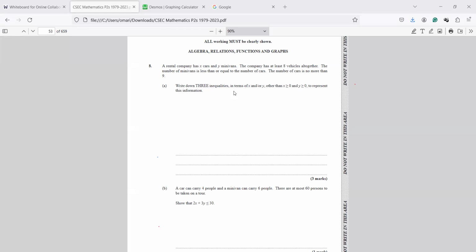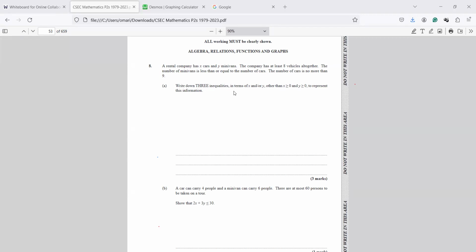It should be obvious why they say that: you can't have 0 cars or 0 minivans in the context of this question. So they're letting you know that they have at least 1 of each vehicle, so none of the quantities is 0.